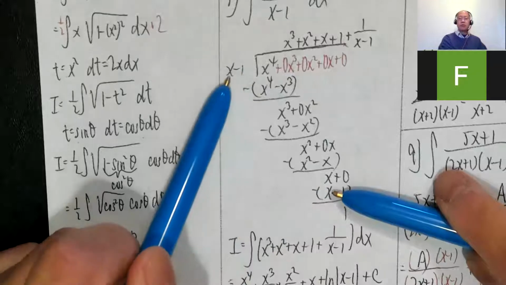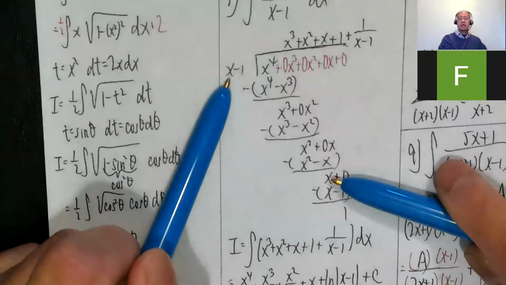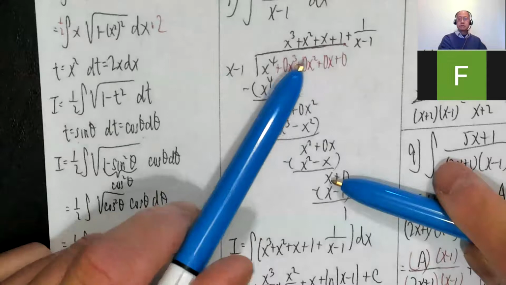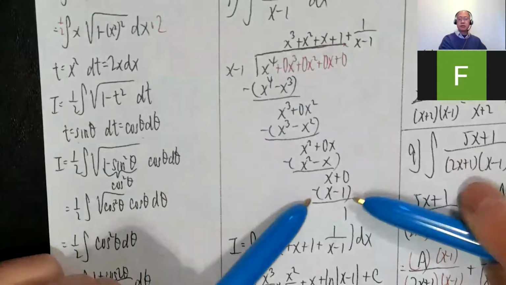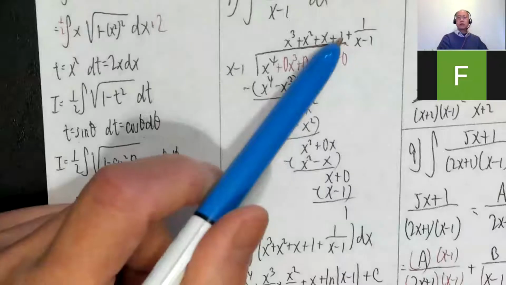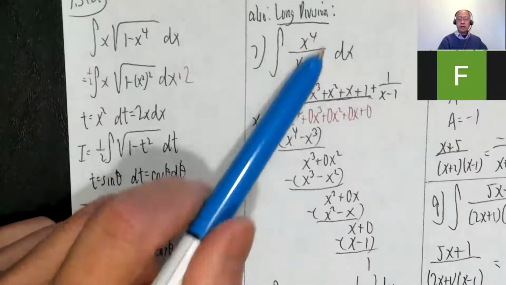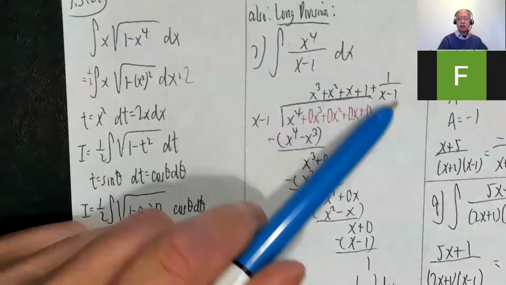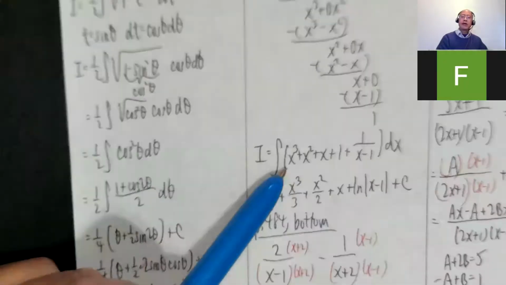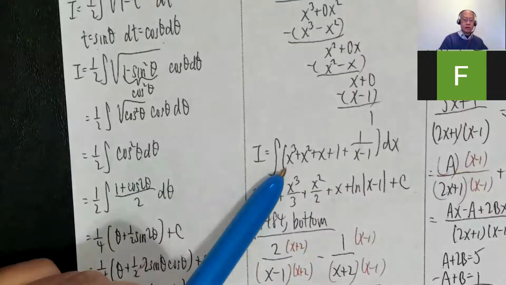Finally, x times what gives me x? Well, plus 1. 1 times that is x minus 1, subtract, the remainder is 1. So x to the fourth over x minus 1, the original, this thing, I can now write as all of this. But now this is very easy to integrate. That's the whole idea.